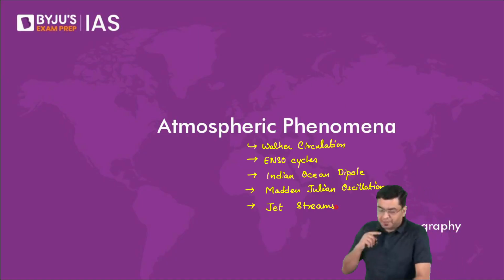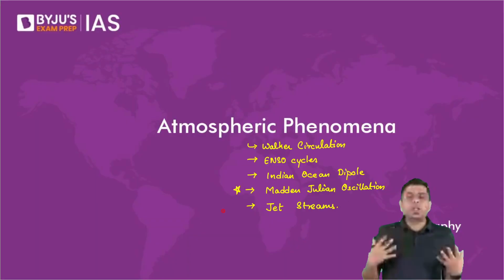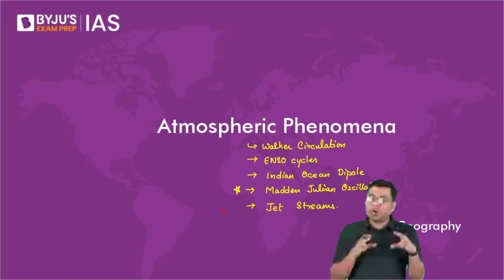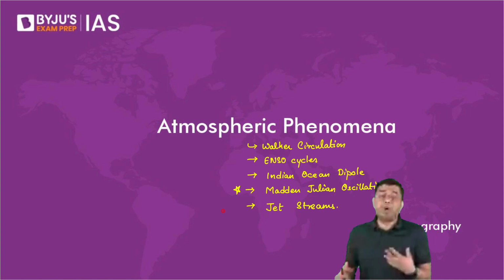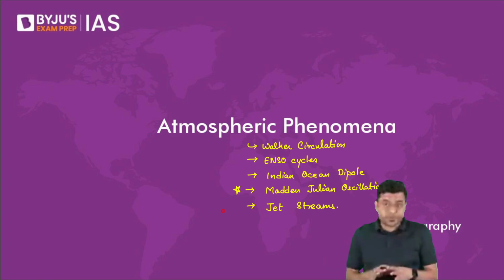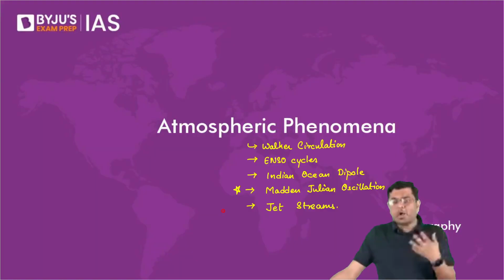Now, please understand that out of all of these, Madden-Julian oscillation is something that the meteorological community in itself has not gotten an entire grip about till now. So this is still under a lot of investigation, a lot of research. This is something that we got to know only a couple of decades back, or 3 to 4 decades back. That is when we got to know about it. So there is still a lot of research going on about the impact and the formation of that Madden-Julian oscillation.